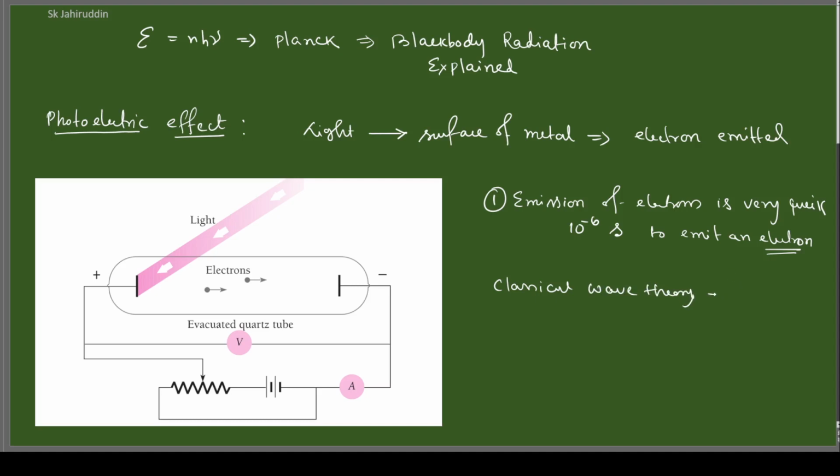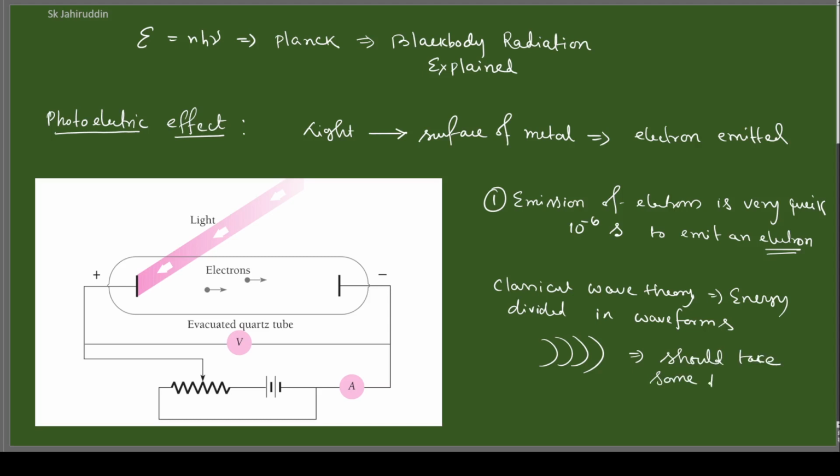According to classical wave theory, energy is divided in waveforms, and those waveforms come one by one, which should take some finite time, not on the order of microseconds, but on the order of seconds and minutes, to emit an electron.